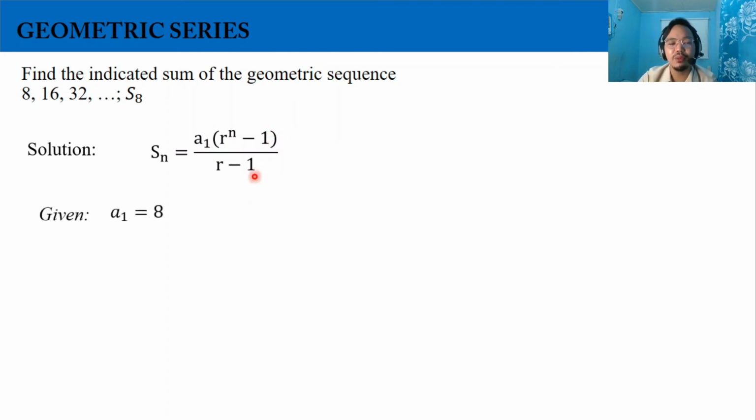For the given, we have a sub 1, which is 8. Then the common ratio is 2 because 16 divided by 8 is 2. 32 divided by 16 is 2. Then our number of terms is already indicated, that is 8. Then we're going to find the value of S sub 8.